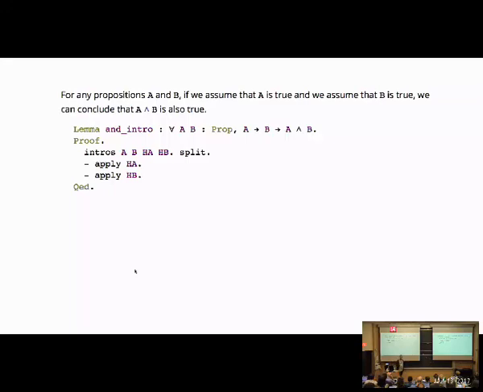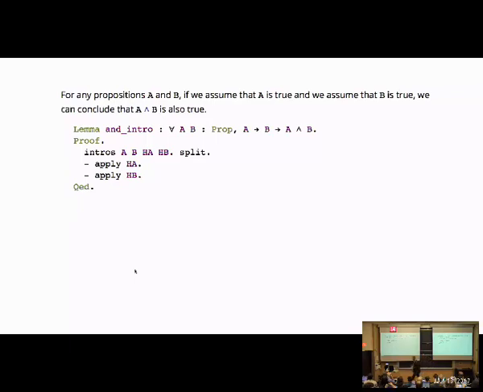Conversely, suppose that we know two things and we want to get a conjunction out of it. Well, here's a little theorem that says if A and if B, then A and B. And this theorem is provable. I'm not going to bother stepping through the proof, but it's a pretty simple proof.